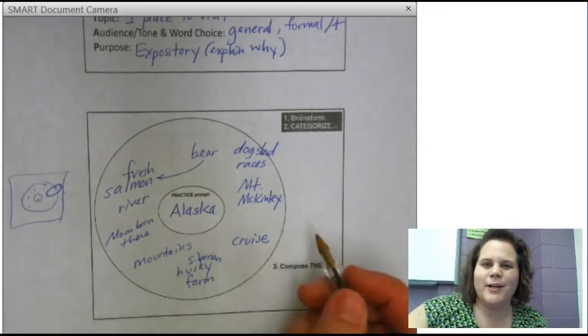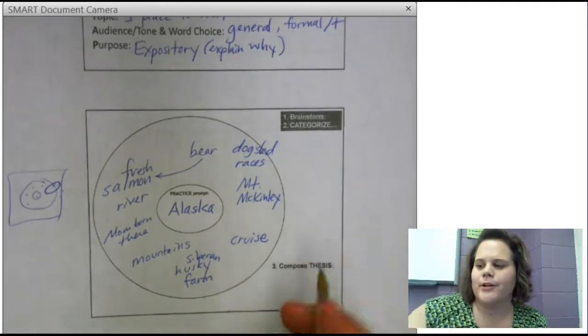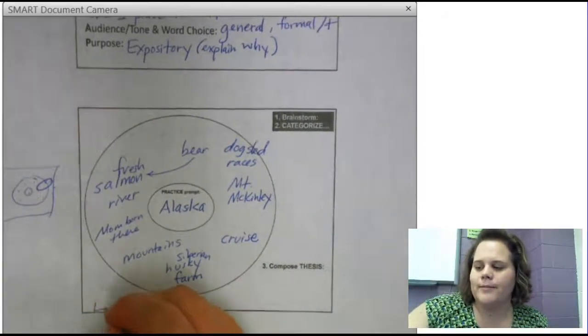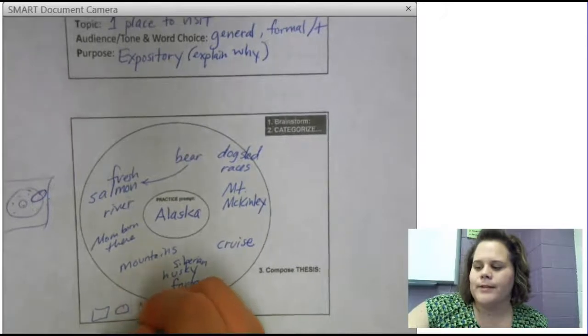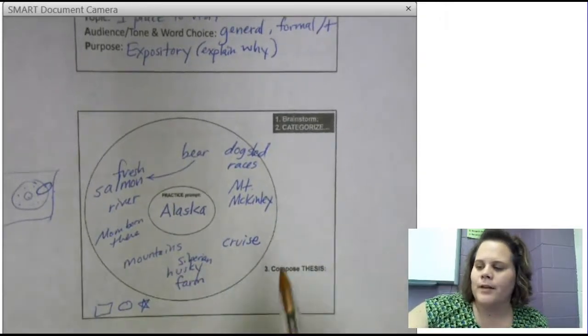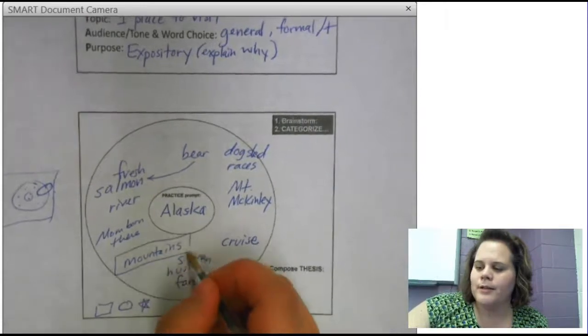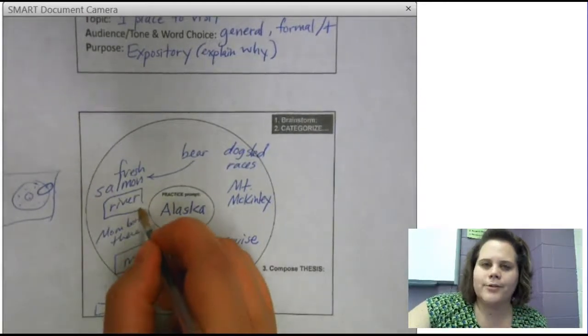Okay, so let's see if we have enough. We're trying to come up with at least 3 good categories. So what goes together? I'm going to use a little key because that's how I like to do it. So I kind of see mountains and river. Looks like it goes together.